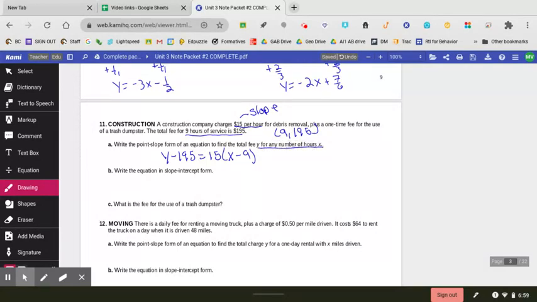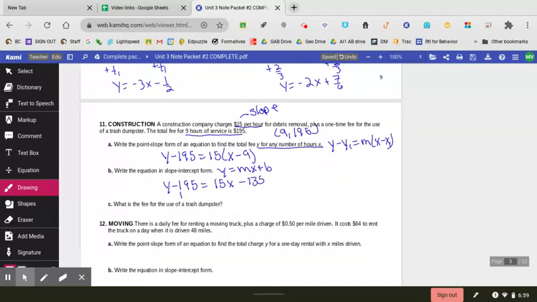So here we're going to simplify that. Slope-intercept again is y equals mx plus b. Point slope was y minus y1 equals m times (x minus x1). So simplified, this is y minus 195 equals 15x minus 135.